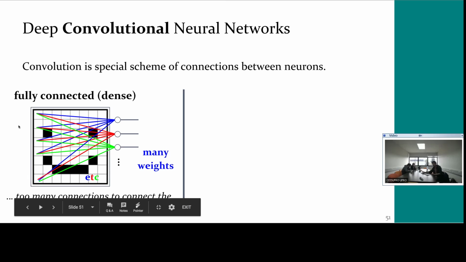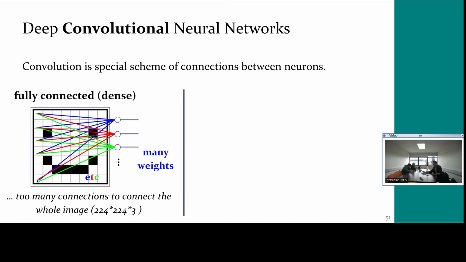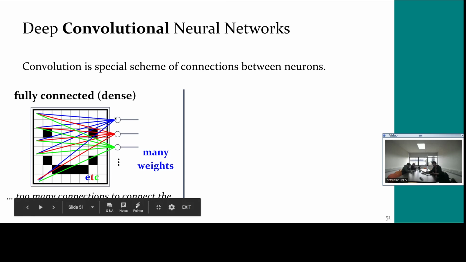And this is like a sample image. There could be 224 by 224 by 3, a lot of pixels, all of them connected with one neuron. So there are a lot of weights. And that was just for one neuron as well. If we have more, maybe like 128 neurons here, we have a lot of weights. This is unfeasible because you cannot train it.